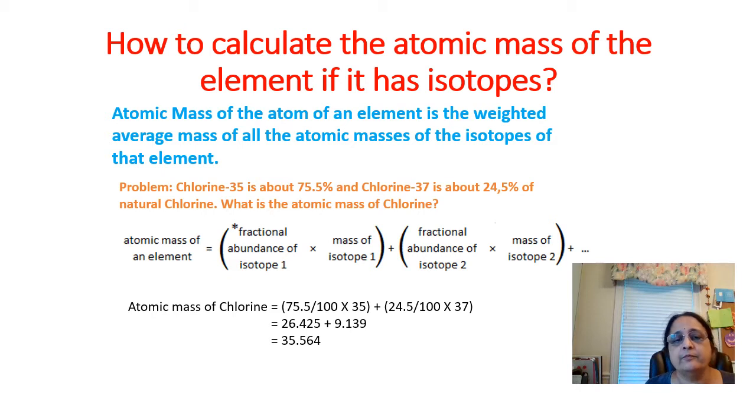This is the chlorine 35 isotope atomic mass, plus 24.5 by 100 multiplied with 37, the atomic mass of isotope 2. So together if you add, then we get 35.564 as the atomic mass of chlorine.